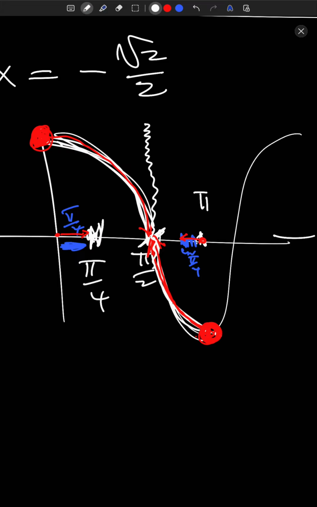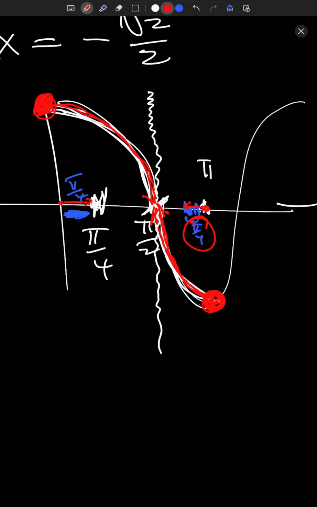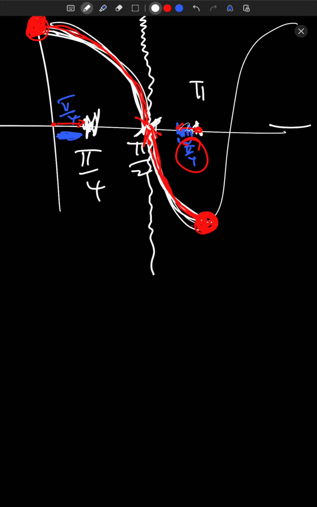You have a mirror right there, and so if I'm traveling from here to there, that would be like traveling from here to there. So that's how I know it should be pi minus pi over 4. The point I'm looking for is pi minus pi over 4, which is 3 pi over 4. Okay, so that finds me my first solution to my problem.